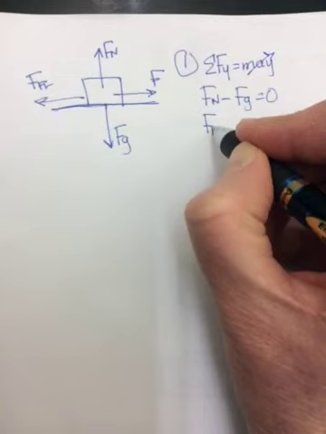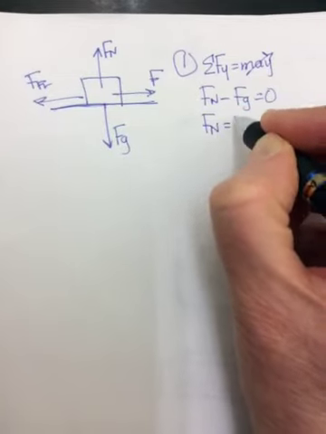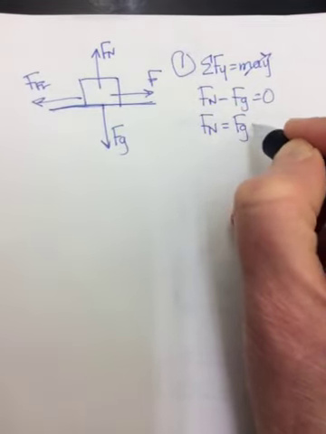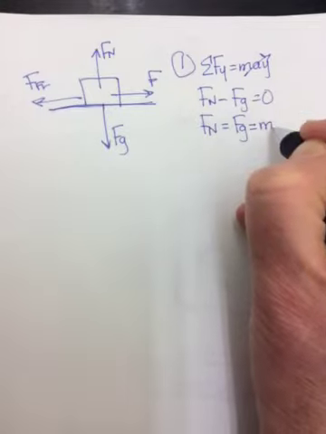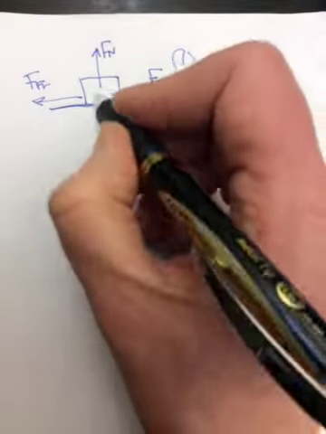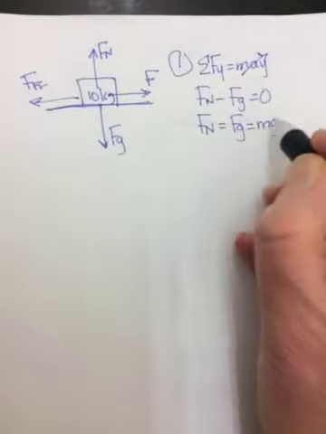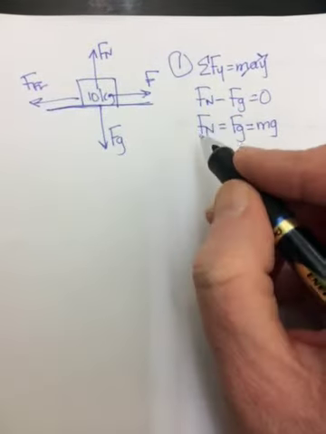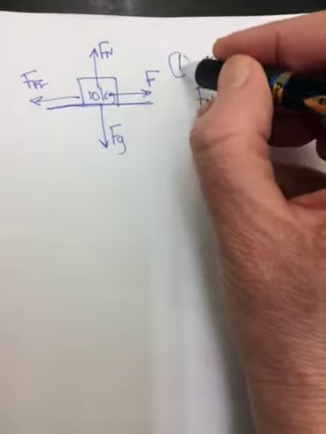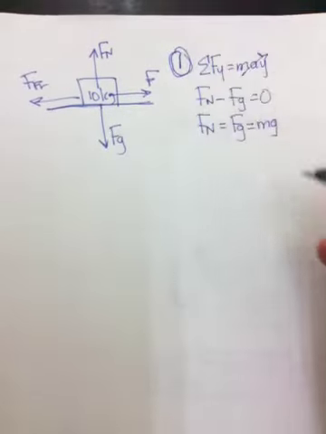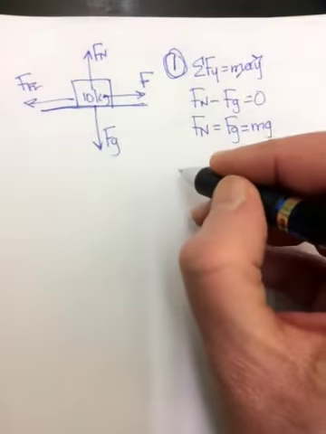So when we do the sum of the forces here, it tells us that Fn is equal to Fg, and we know Fg is mg. So if we knew the mass of this object, like 10 kilograms, then we could get our normal force. As long as there's friction, the sum of the forces in the y direction is where we usually start.